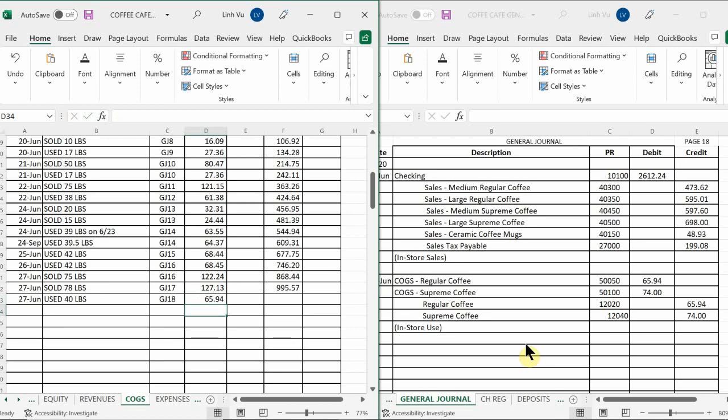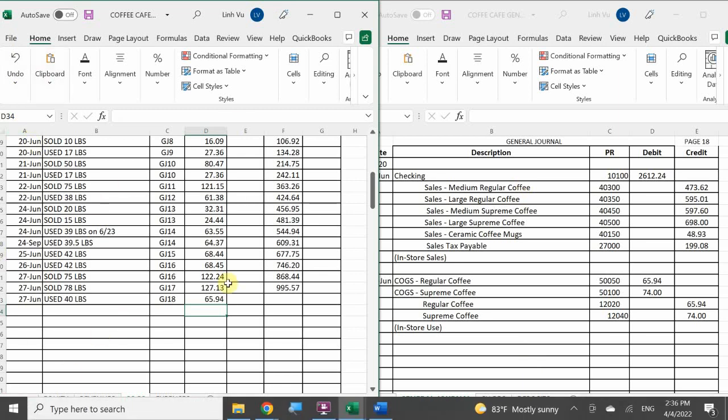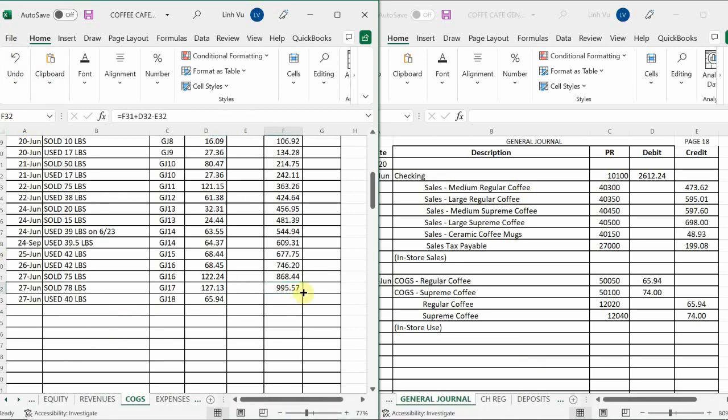Okay. So what's my ending balance in the cost of goods sold for the regular coffee? Okay, 1061.51. Good.